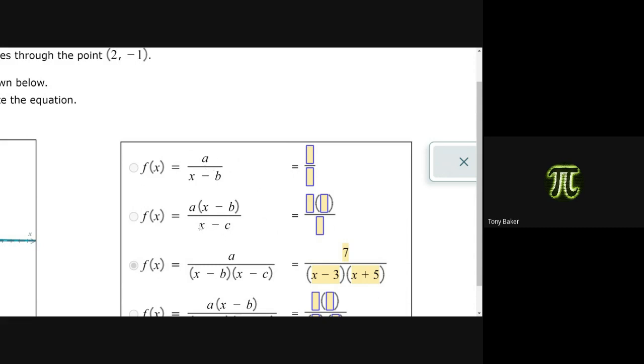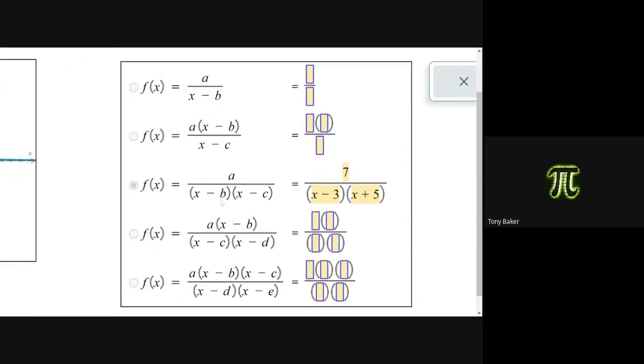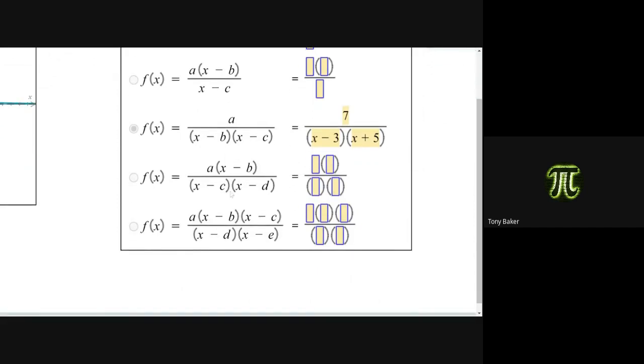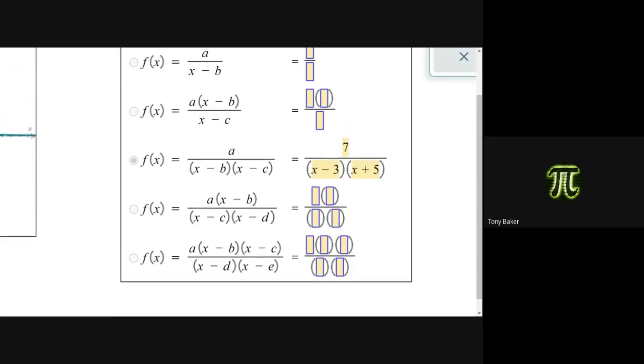Here, one vertical asymptote, an x-intercept. Two vertical asymptotes, no x-intercept. Two vertical asymptotes, one x-intercept. Two vertical asymptotes, two x-intercepts. Okay? And then you plug the point they gave you in to find a.